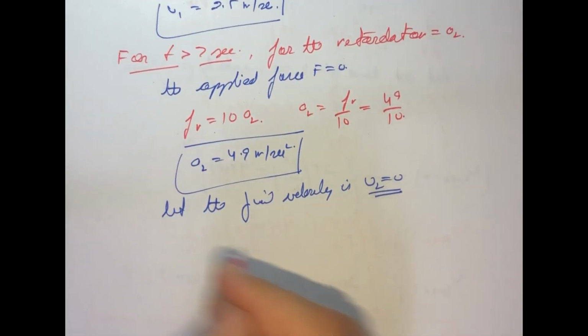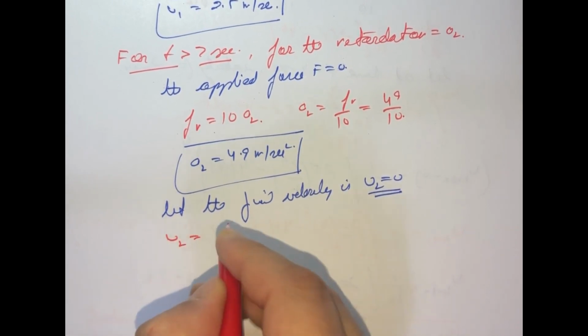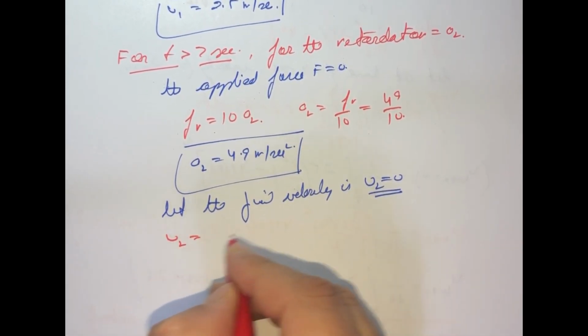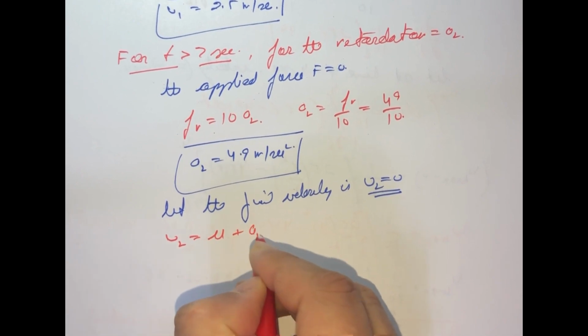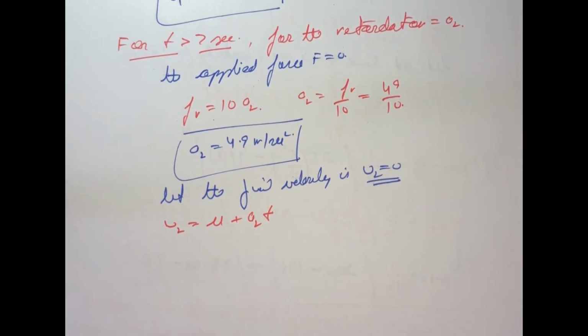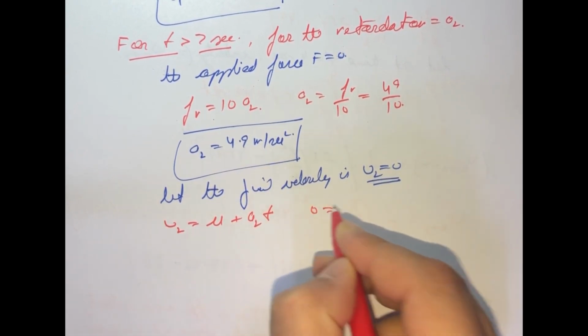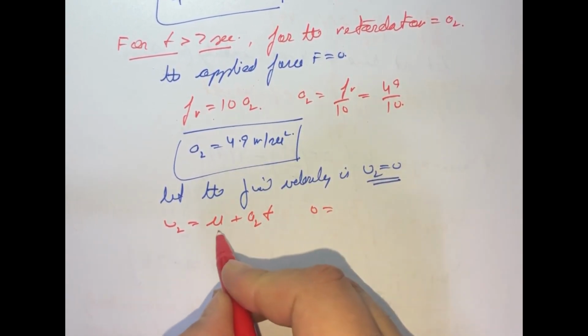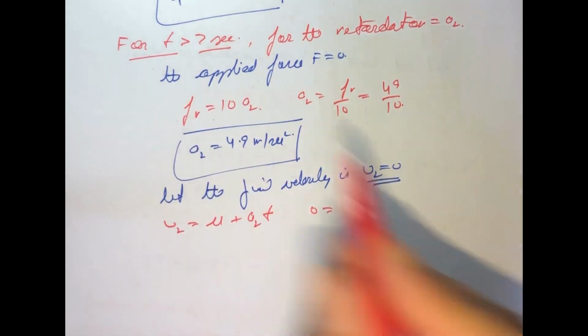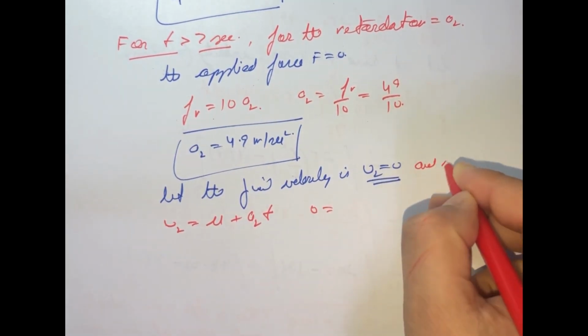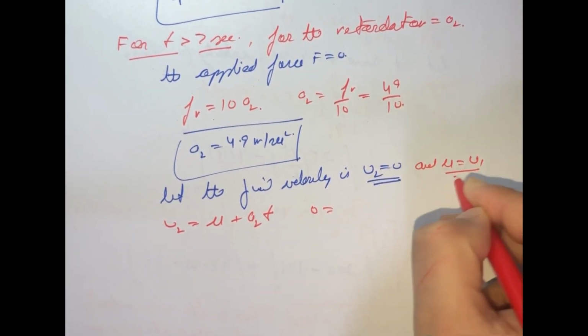So we can write the equation as V2 is equal to U plus A2 multiplied by time t, and V2 will be equal to 0, and in this case U will be equal to V1.